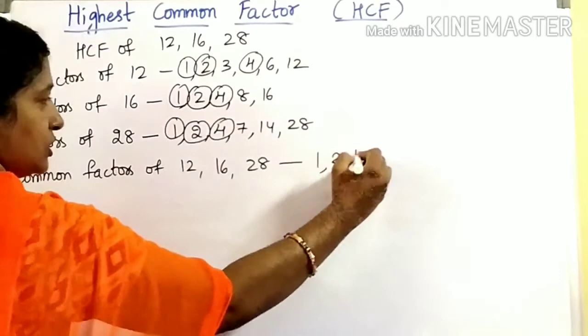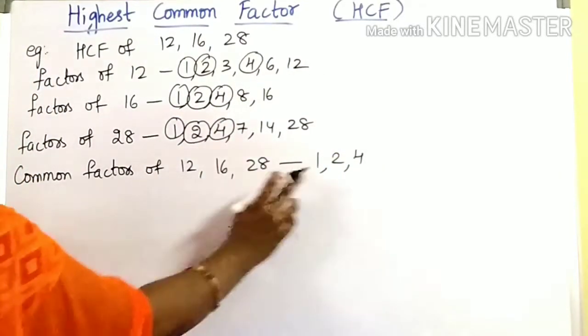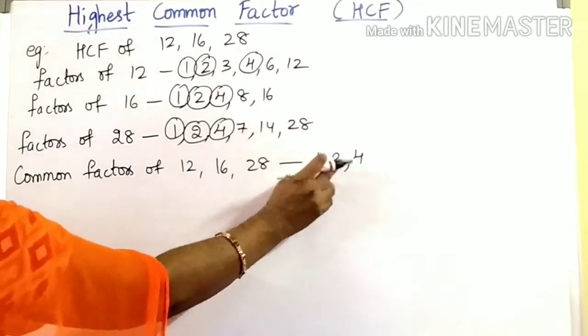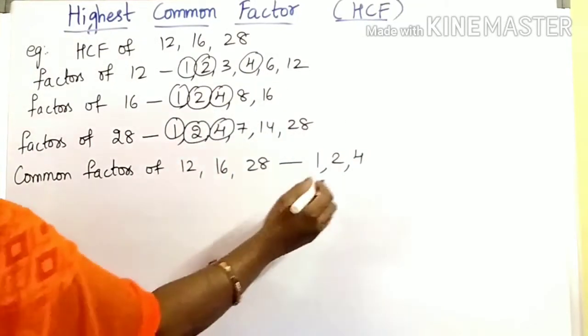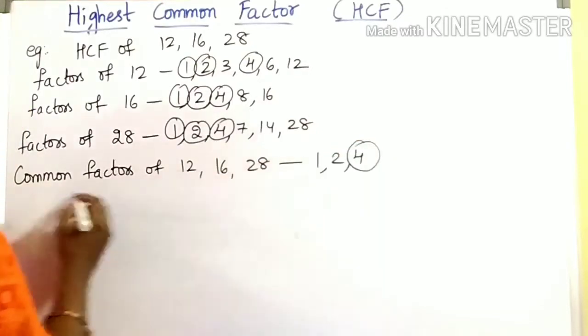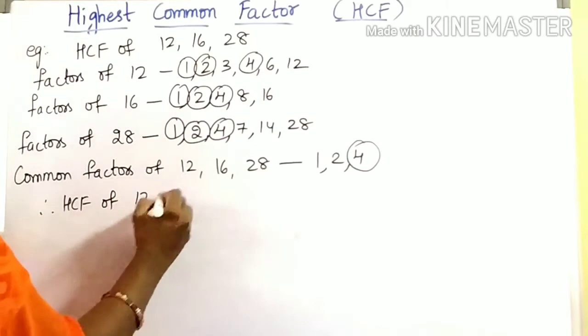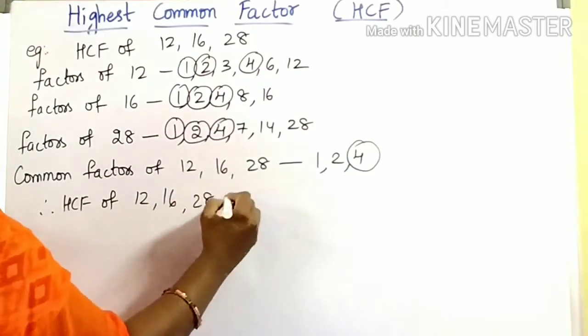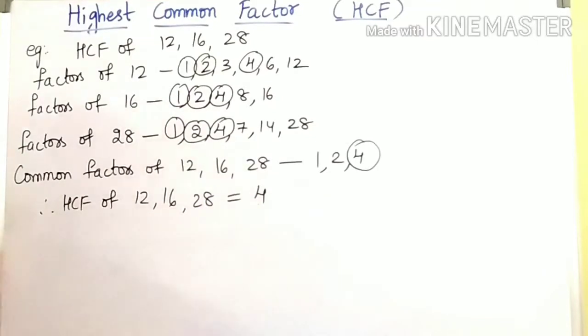Is any other number common, children? No. So only 3 common factors we got here: 1, 2 and 4. Which is the greatest factor here? 4. So the HCF of 12, 16 and 28 is 4.